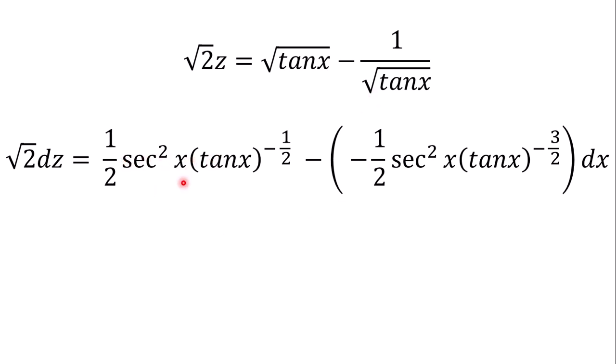So this one here can be written as secant x squared over 2 times square root of tangent x. When we come here, the same thing is applied. Secant x squared over 2 times, this time it's not 2 times square root of tangent x, but rather 2 times square root of tangent x raised to the power 3, because of this 3 here. All right.